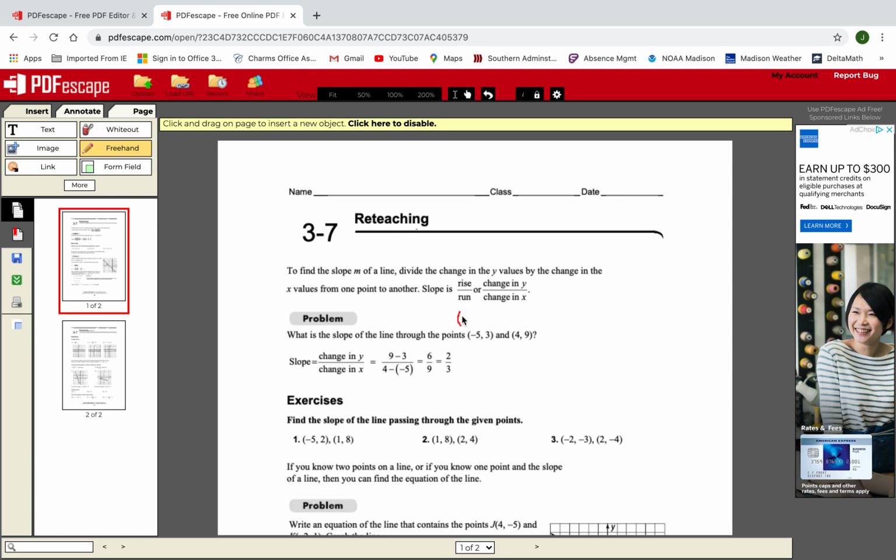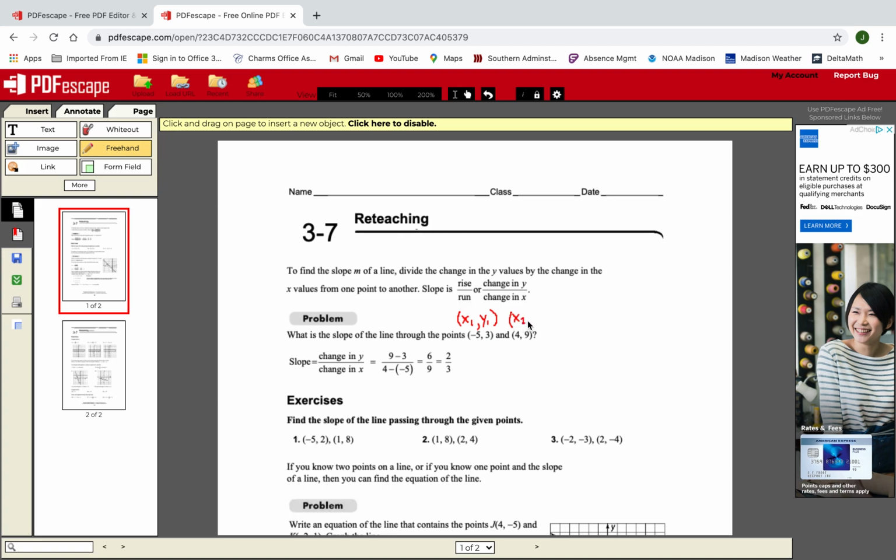So let's write that out here. This -5, 3 is actually the point x1, y1. It's really just an xy coordinate, but since it's the first point, we put the sub 1s in there to signify which one is the first point and which one is the second point. So 4, 9 being the second point, we're going to call that one x2 and y2.